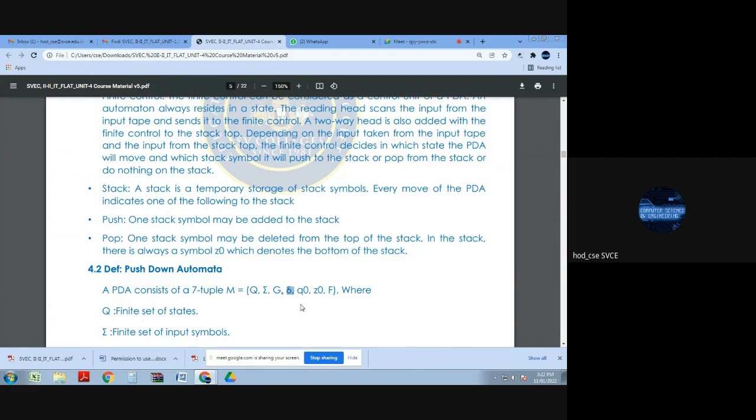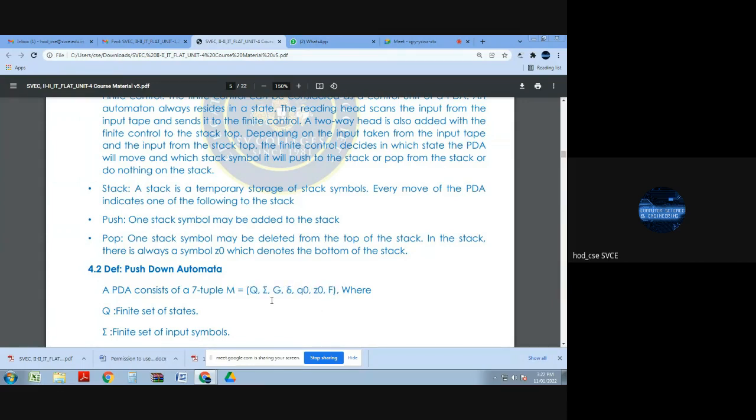Q naught is the initial state, where we start, and F represents the final state, where we reach. Okay, we already know these 5 tuples: Q, sigma, del, Q naught, and F.